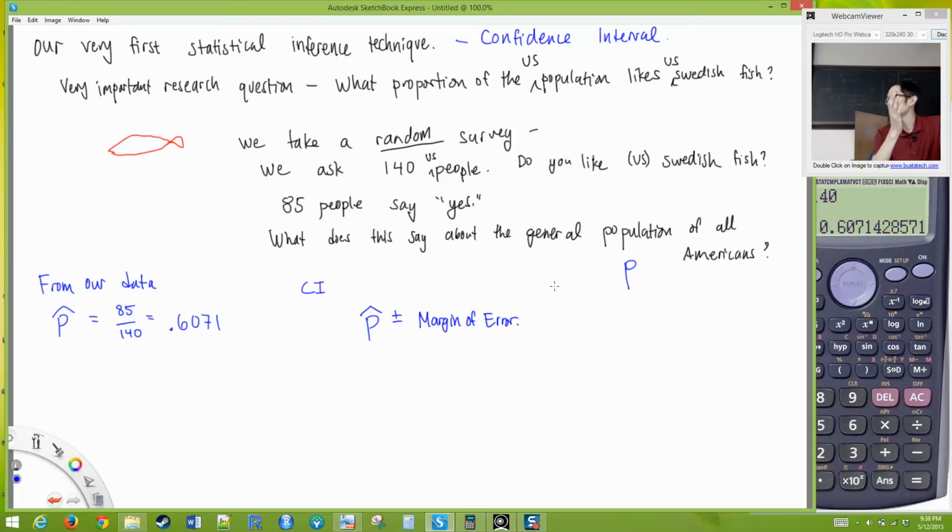So we're going to say the population proportion P is between p hat minus the margin of error, which I'm going to abbreviate, and p hat plus the margin of error.